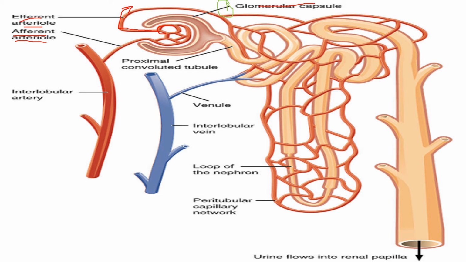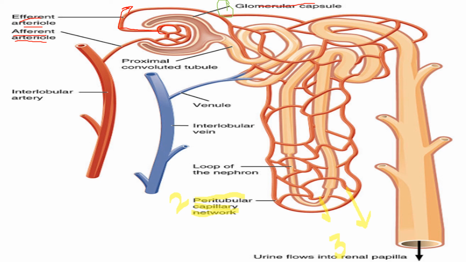Then the second portion of capillaries is along the proximal and distal tubules, and these are called peritubular capillaries or the peritubular capillary network. Then the third portion is the loop of Henle, and along the loop of Henle there are capillaries called vasa recta.